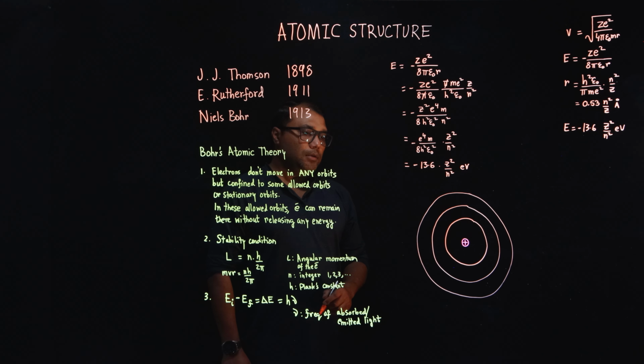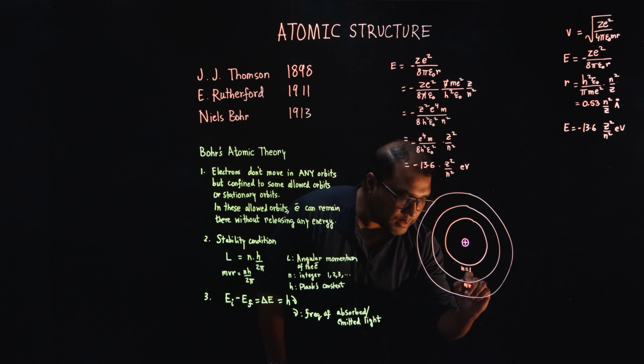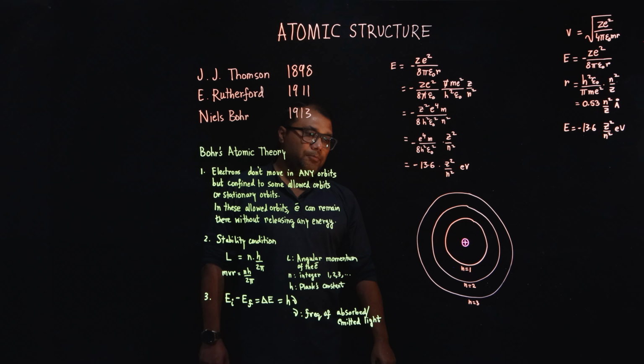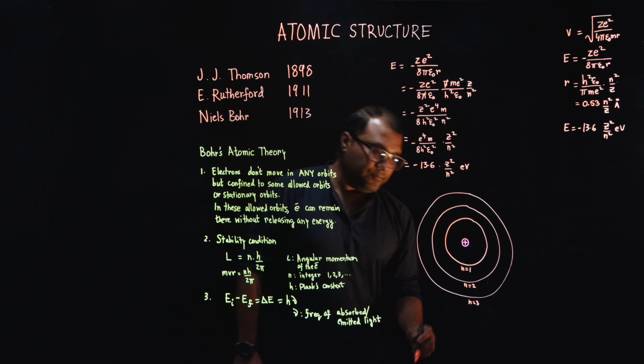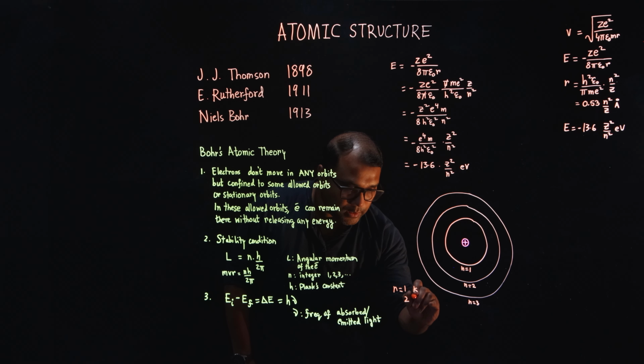Now this corresponds to n equals 1, this corresponds to n equals 2, and this corresponds to n equals 3. Bohr also gave a name for each of these orbits. So when n is 1, it is called K orbit. When it is 2, L. When it is 3, M. When it is 4, N, and such.